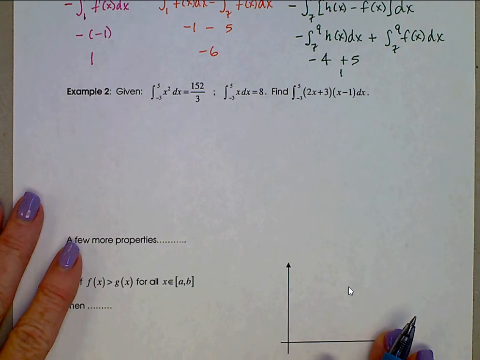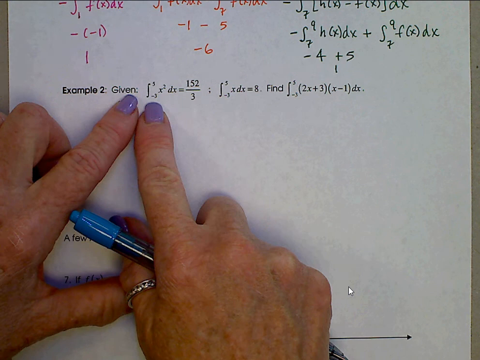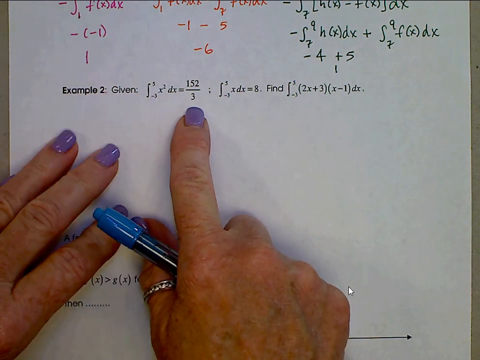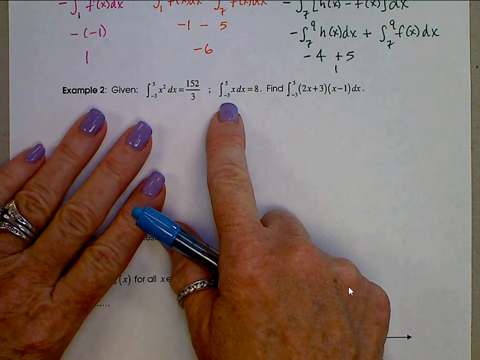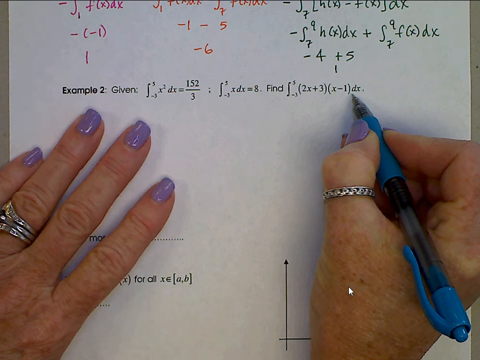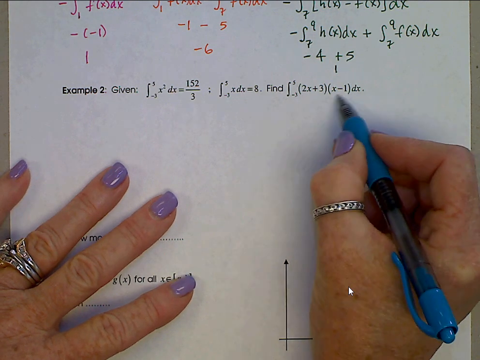Looking at a different example, different numbers here, I've given you the value of the integral from -3 to 5 of x squared dx is 152 over 3. The integral from -3 to 5 of x dx is 8, and I want you to find the value of this integral. We have a product here, 2x plus 3 times x minus 1.